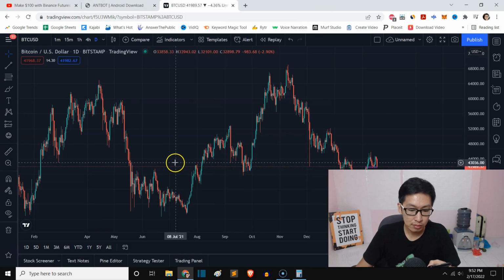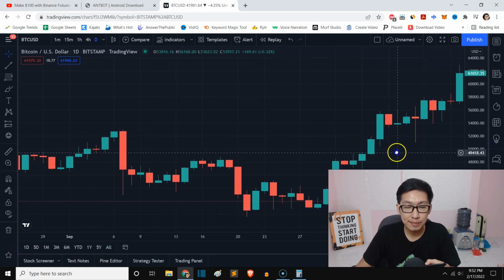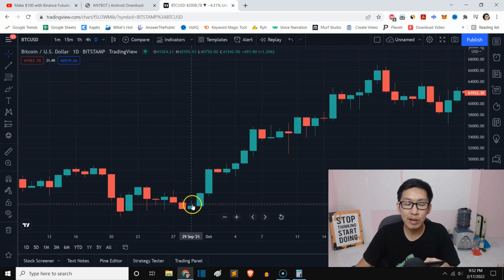Okay, smart covering means, let's say you start here, you have a long position and you have a short position. So the short position, when the market goes up, obviously the short position is going to be floating, right? Floating loss.